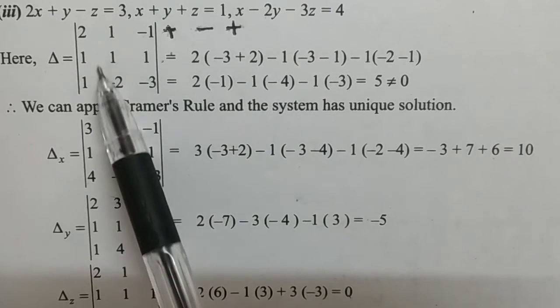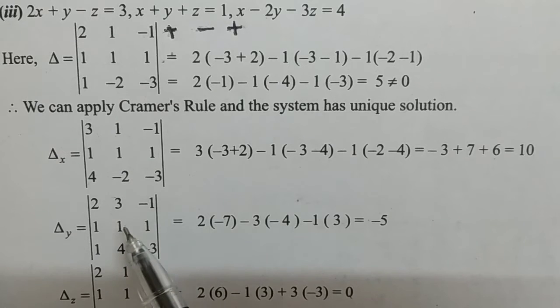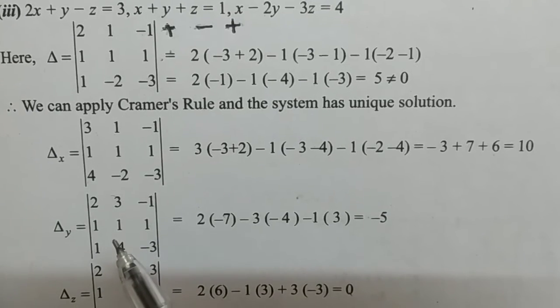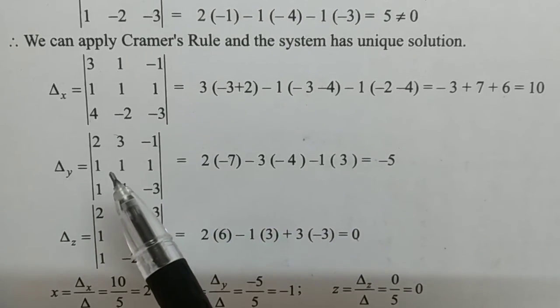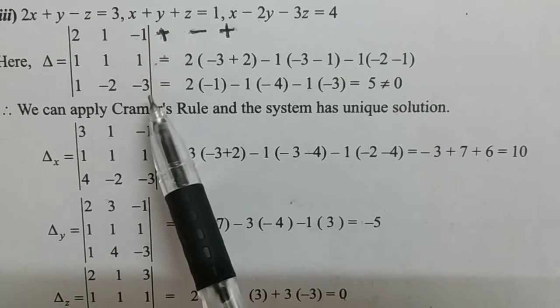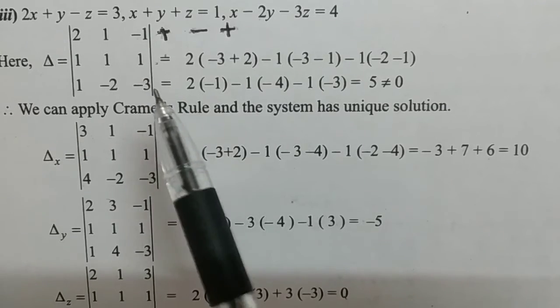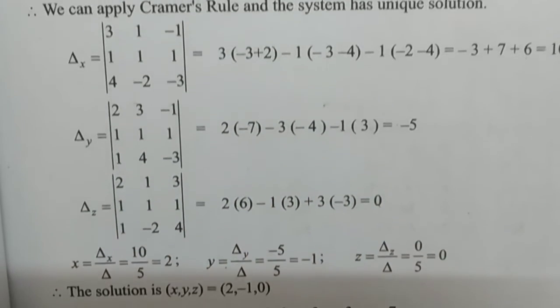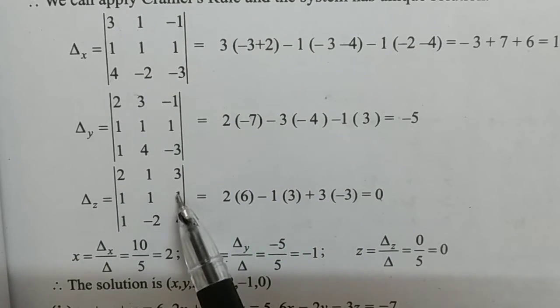Replace it with 3, 1, 4. And delta z means replace the last column of delta. What is the last column? Minus 1, 1, minus 3. Replace it with the last column given, 3, 1, 4.